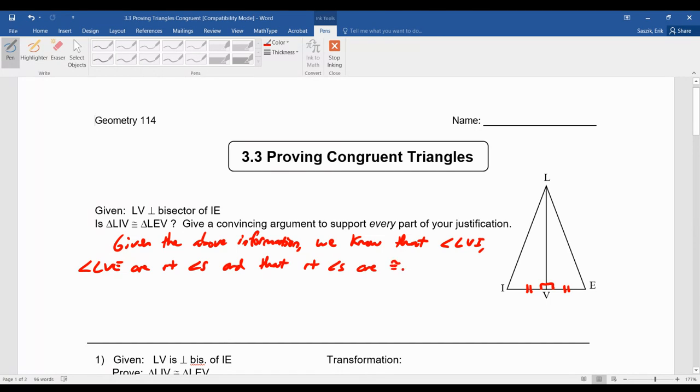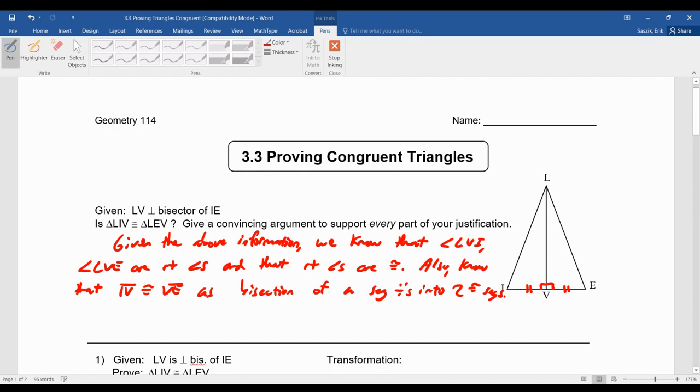Okay. We also know that IV is congruent to VE, right? Because bisection of a segment divides it into two congruent segments.